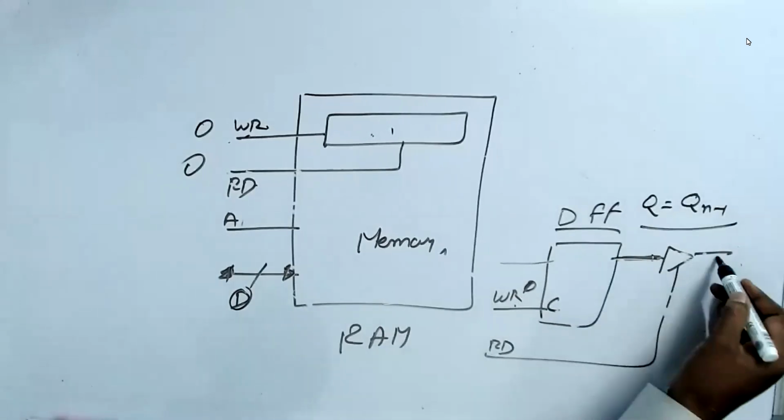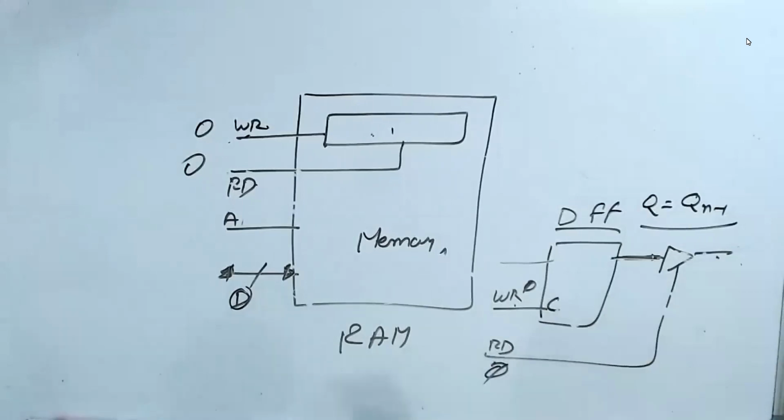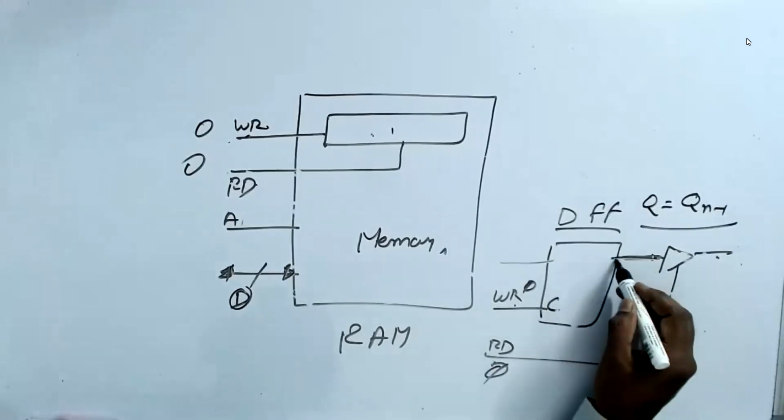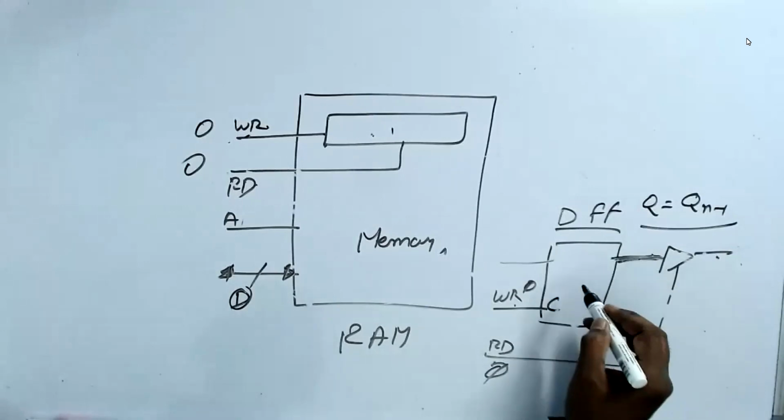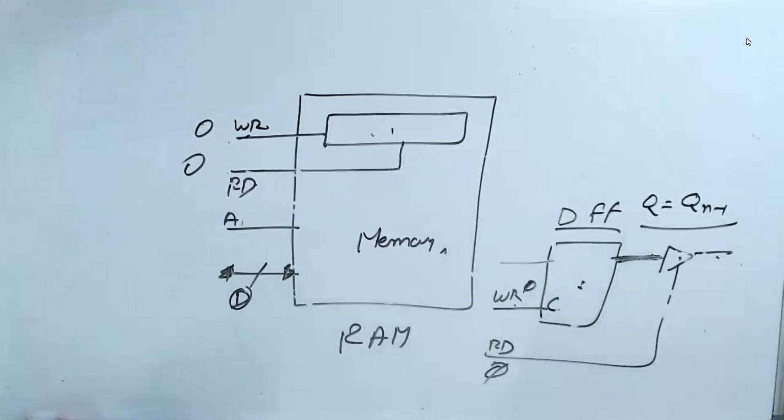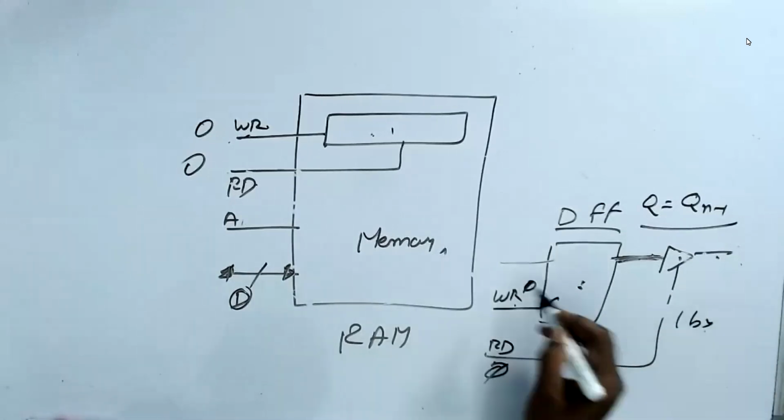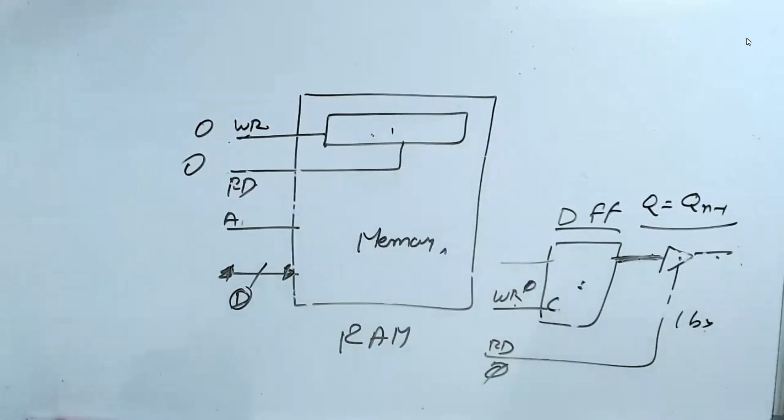But that will not come out because read is 0. So if people ask where it is stored, it is in between the D flip-flop and the tri-state. That's the place the data is. Like this is 1 byte. Like this, so many bytes are there in your memory, depending on the size of the memory.